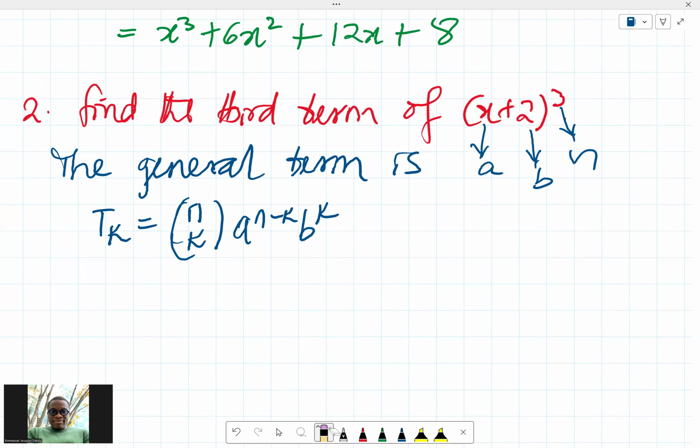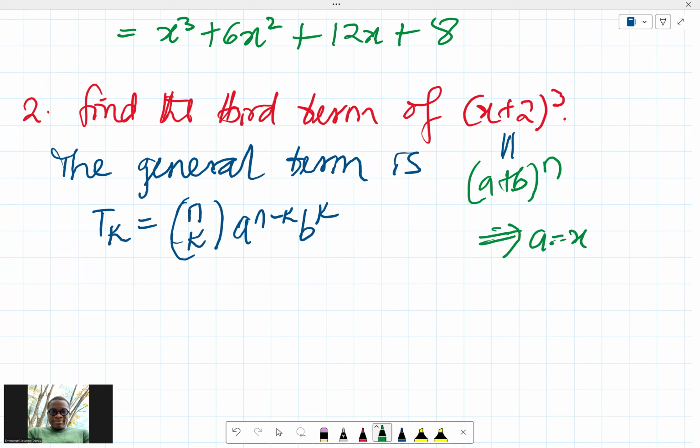Or I mean, to make it better. So if you compare this with a plus b raised to power n, that implies that a is x, b is 2, and n is 3. And what we need now is the third term.